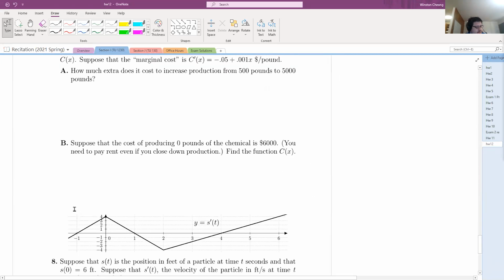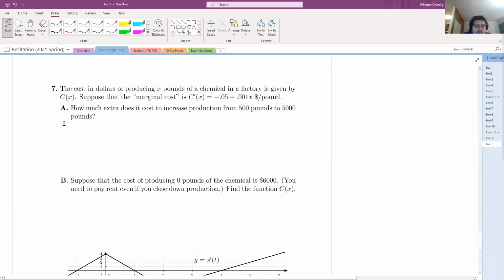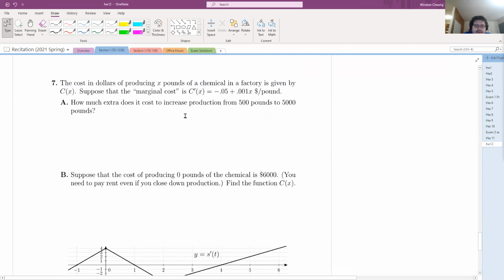And we have no problems, right? So for 7, marginal cost just means it's the derivative of the cost. Pound is measuring the amount of chemical.